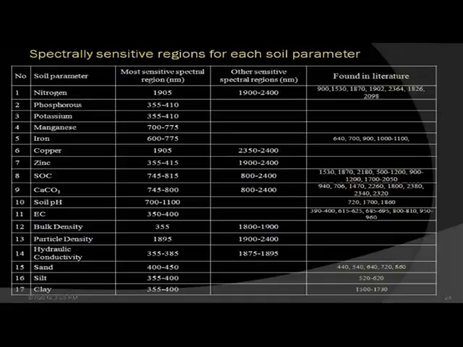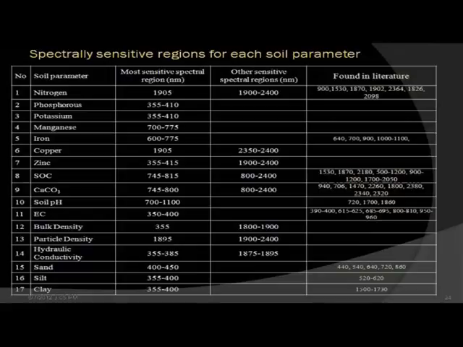As I told you at the beginning, through some slides and the literature, people have identified different sensitive bands for different soil attributes. The same we could find over here. Not only that, we could also find second sensitive spectral regions, if you don't have sensors in this range; these second-ranking sensitive regions can be used for characterizing these parameters.